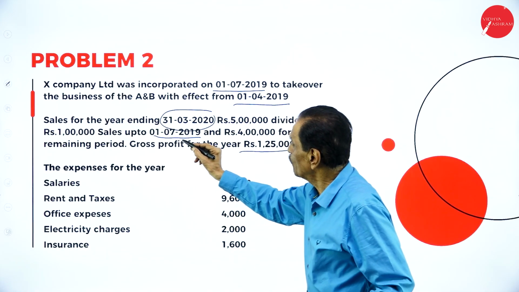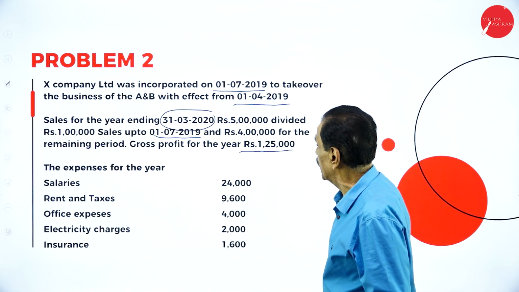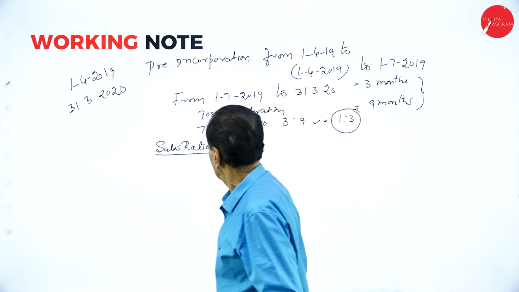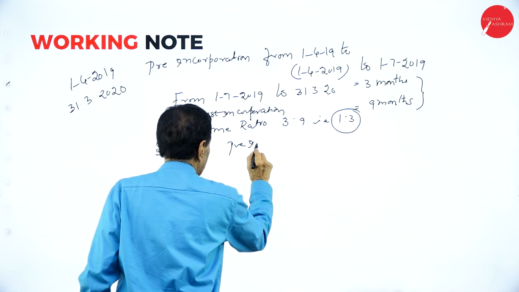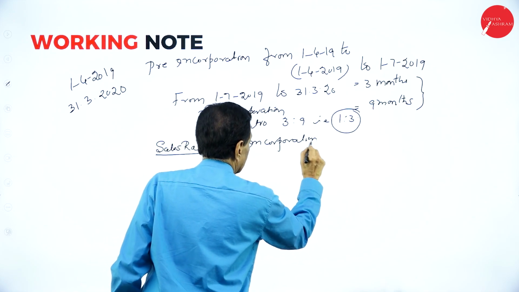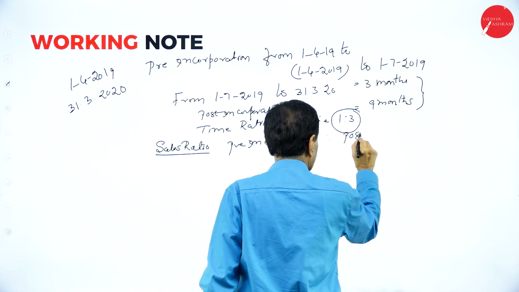Sales for the year is 5 lakh, divided into 1 lakh up to 1/7/2019 and 4 lakh for the remaining period.